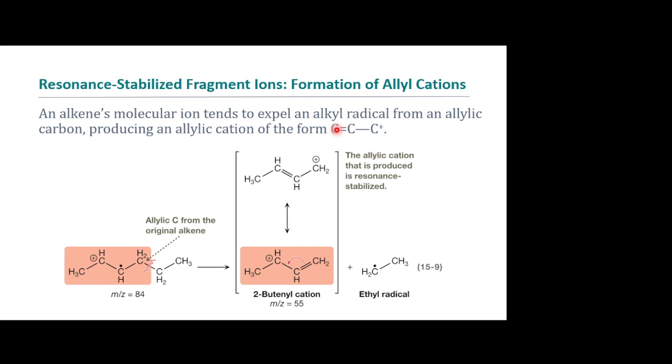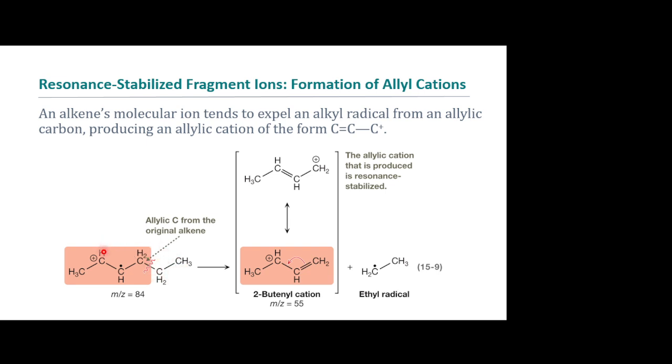So the alkene's molecular ion tends to expel an alkyl radical from an allylic carbon. This is going to produce the allylic cation that's going to be in this form right here, where it has the double bond and then a positive charge off of that. And so what you're going to see here is this is the allylic carbon here being expelled.